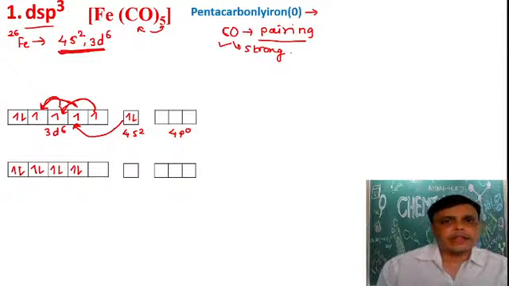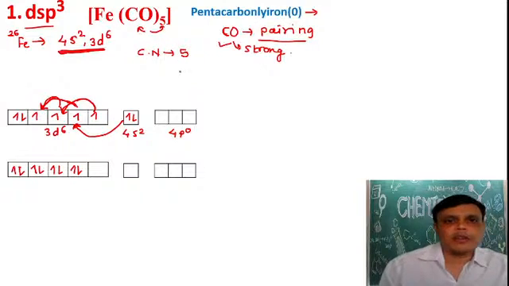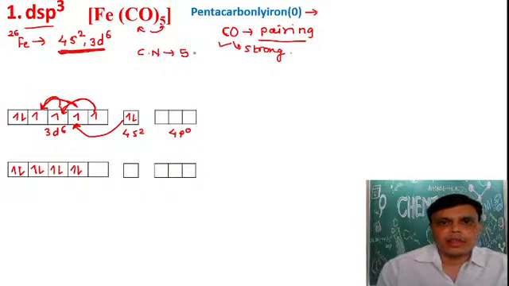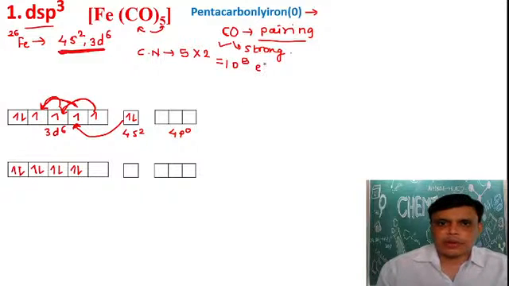So in the next assumption, the coordination number of the metal is, sorry, 5. Coordination number is 5. That means 5 ligands are there, and one ligand donates 2 electrons. So total 5 into 2, total 10 electrons is available.